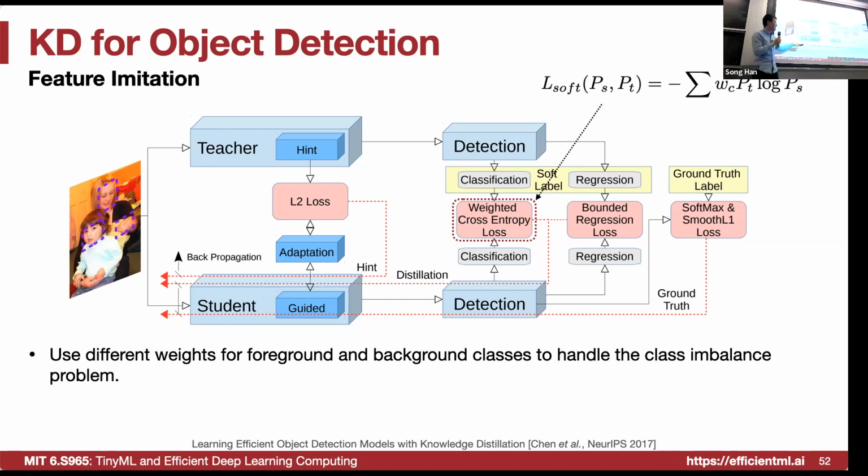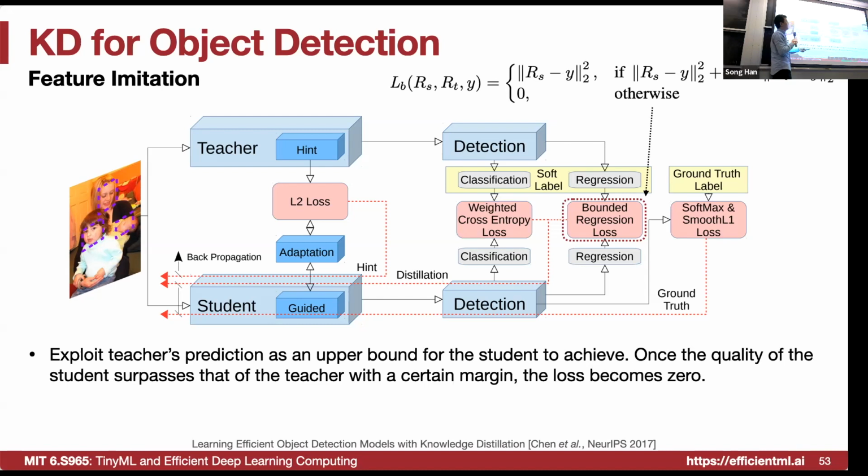The classes of foreground and background are quite imbalanced, so we give a weighting term to penalize them using different weights. So it is a weighted cross entropy loss for the classification of foreground and background.